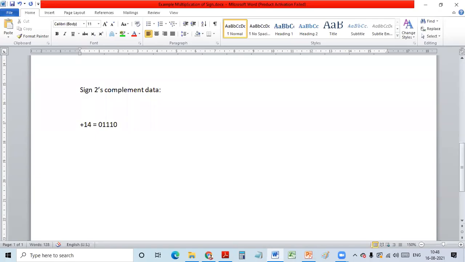In any case, if the number is positive, you should make sure that the most significant bit is 0. This is plus 14. Any number is obviously a combination of zeros and ones, right?